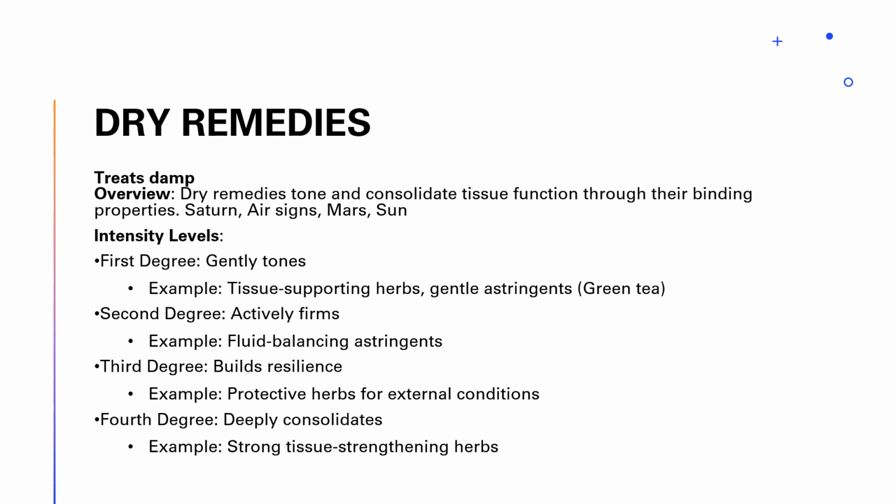We use that internally and externally, and it has that astringing effect through its tannins. Second degree actively firms, so fluid balancing astringents. Third degree, protective herbs for external conditions. Again, we are improving the structural integrity. And fourth degree is a strong tissue strengthening herb.